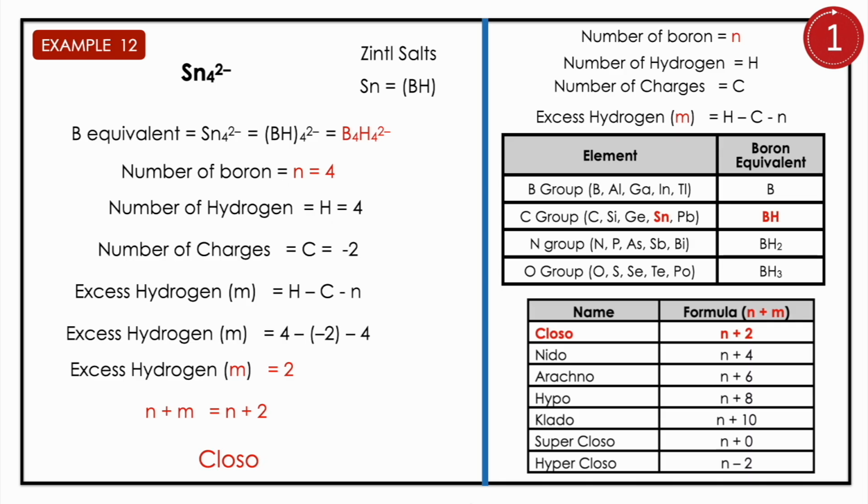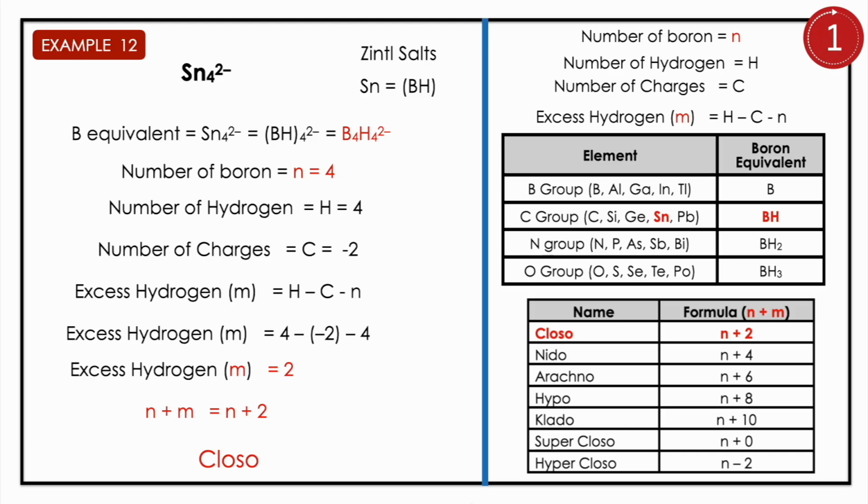First step will be counting the boron. Number of borons are 4, so N equals 4. Number of hydrogens are 4, so H equals 4. Charge is minus 2, so C is minus 2. Excess of hydrogen formula will be M equals H minus C minus N, which gives 4 minus minus 2 minus 4.